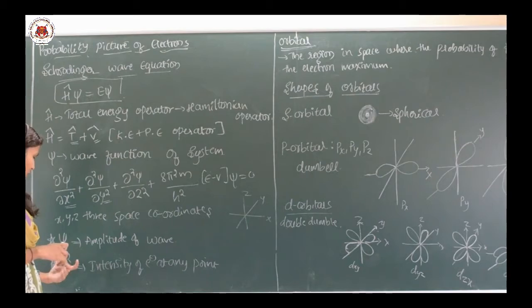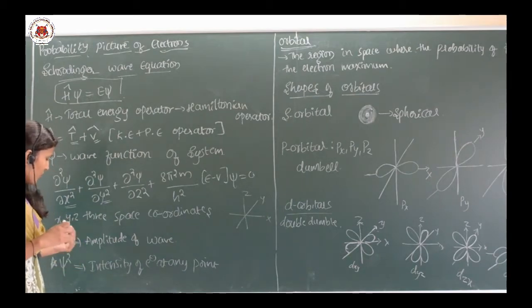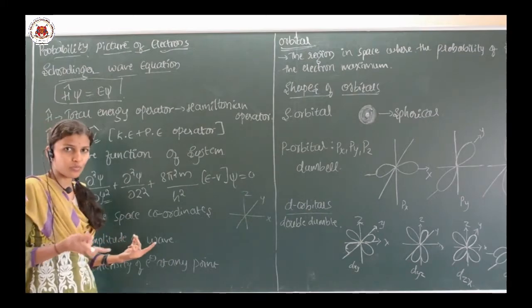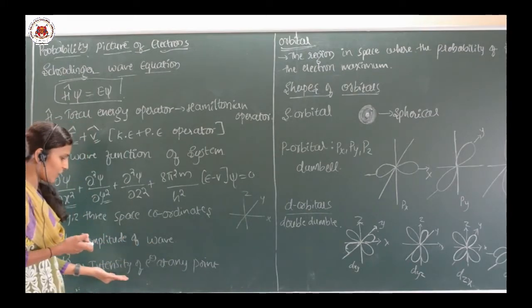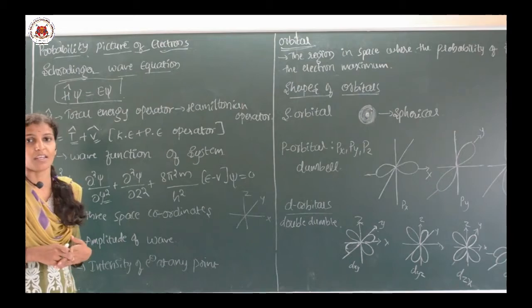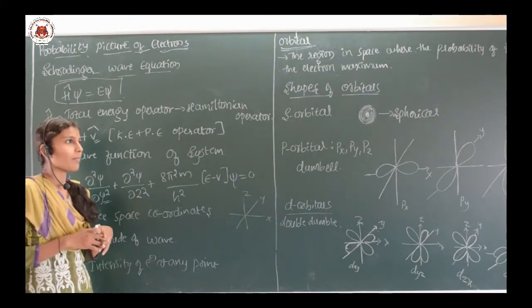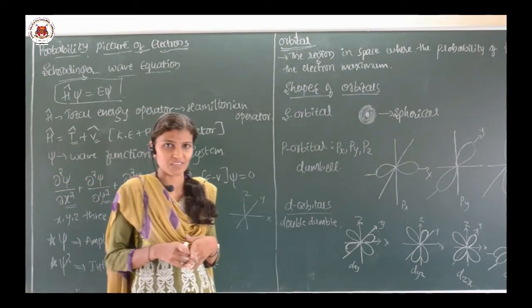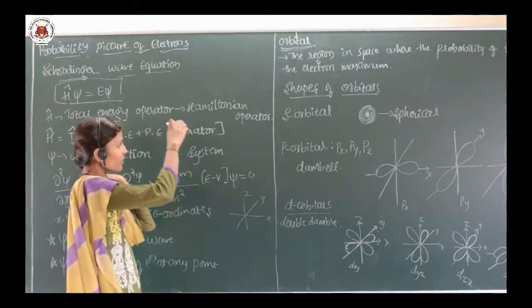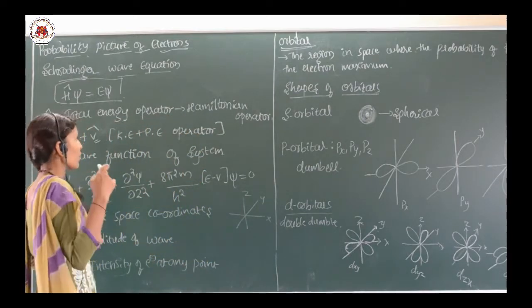This is the significance of psi and psi square. Psi indicates the amplitude of the wave and psi square is the intensity of the electron at any point. It means the probability of finding the electron is maximum. So this is regarding the Schrodinger wave equation.